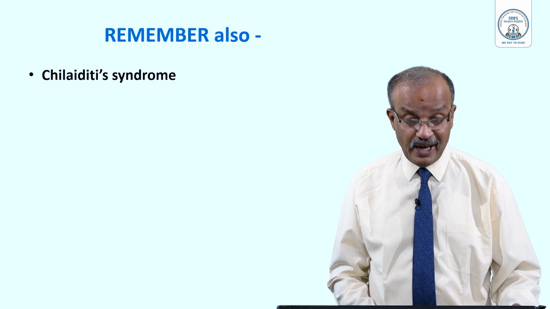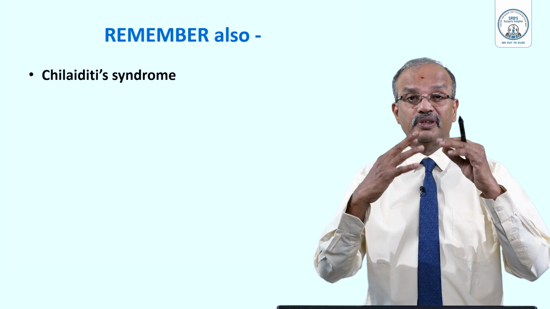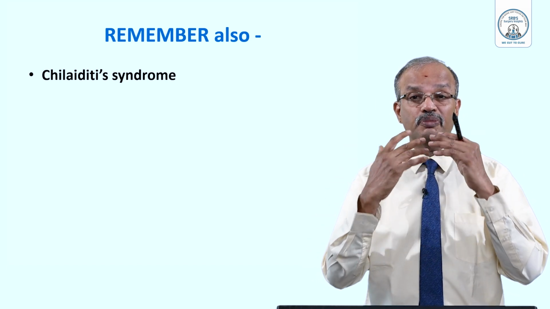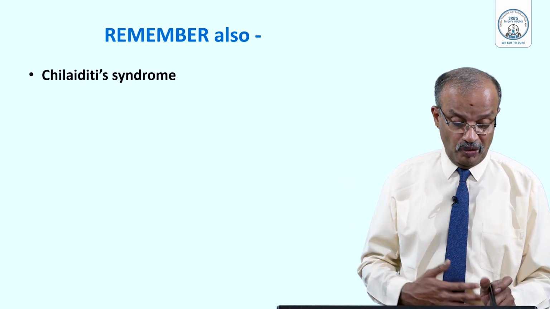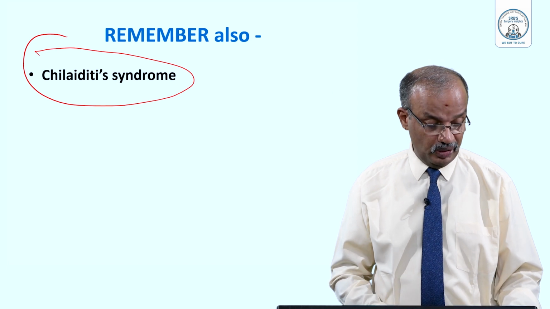So remember also, Chilaiditi syndrome is the interposition of bowel between the diaphragm and the liver. So plain X-ray shows it like gas under diaphragm. So it may be misinterpreted and surgeons may open unnecessarily. So that point you have to remember, differential Chilaiditi syndrome. It is often asked as MCQ, remember.